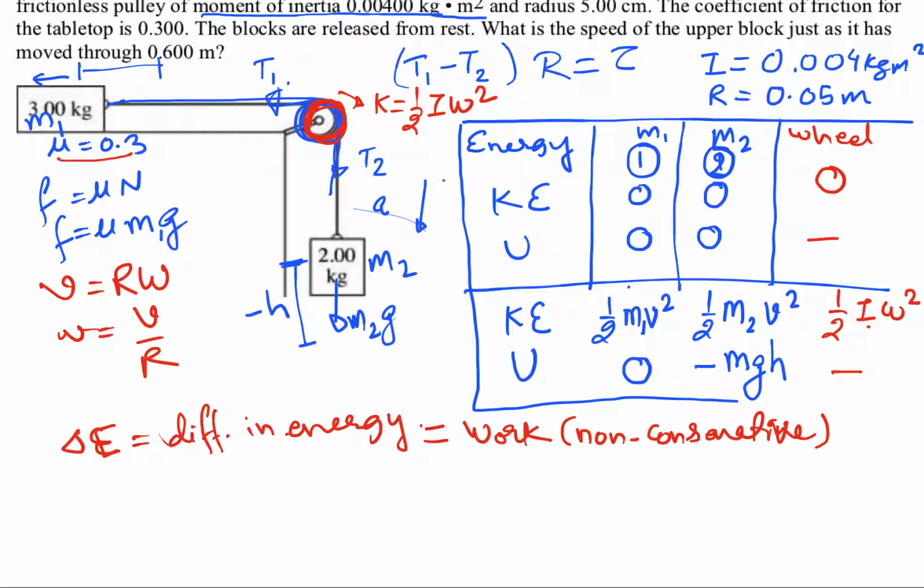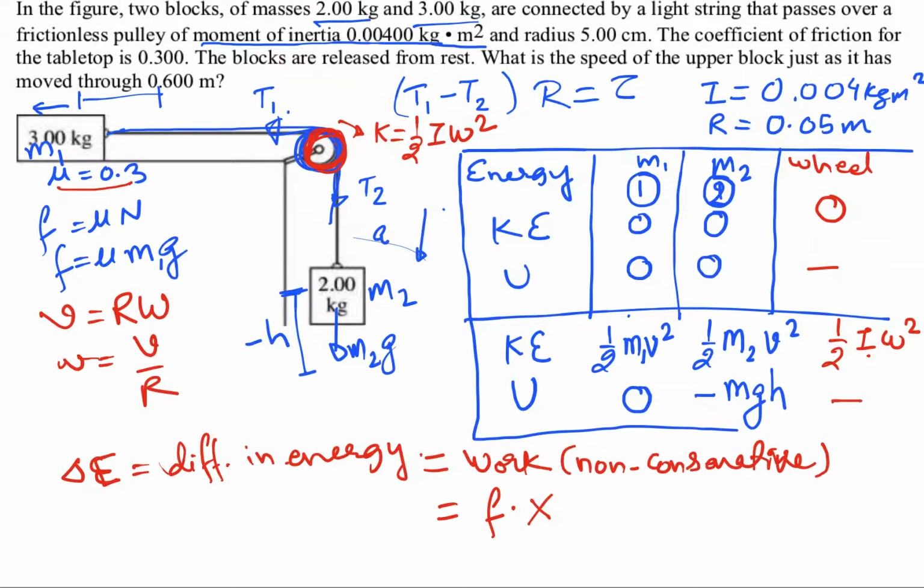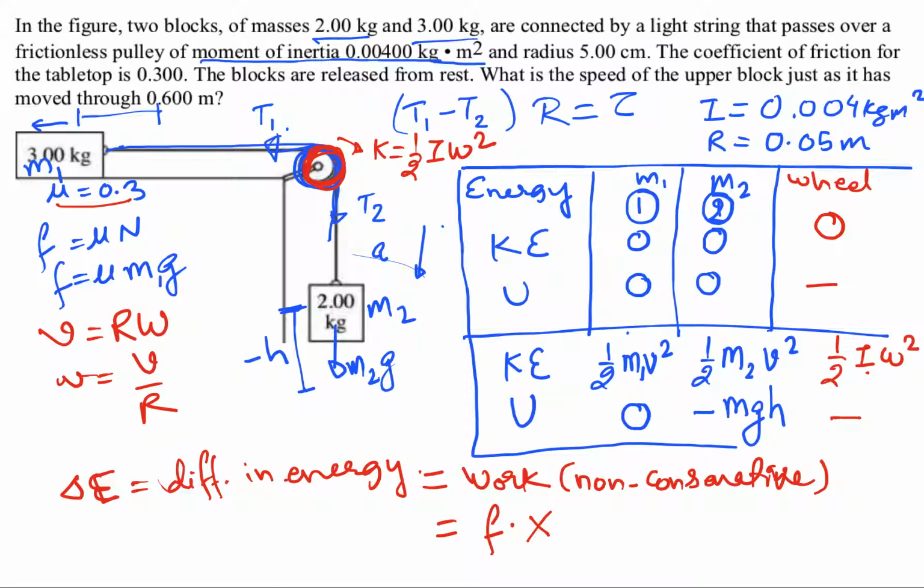So the work is non-conservative here because it is work done against the friction. That's going to be the frictional force that you have here, times the distance. How much did it go? It says it goes through a distance of 0.6 meter, right?